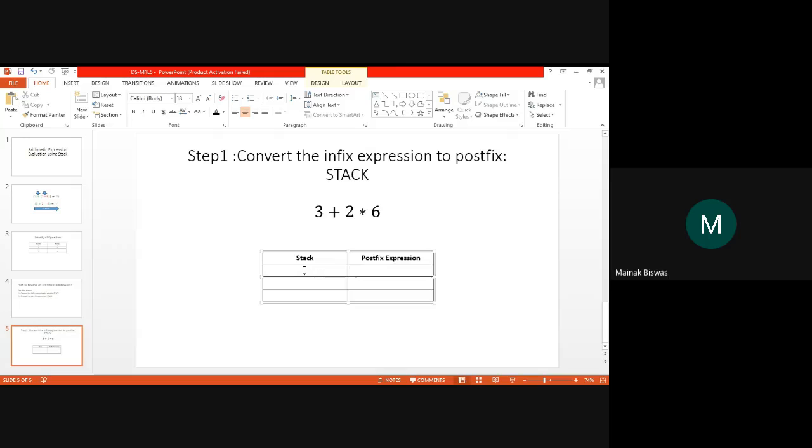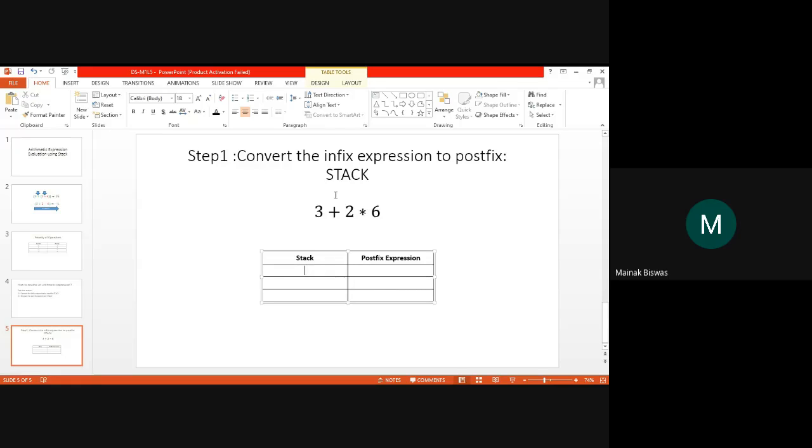The rule says that if you get an operand, you add it to the postfix expression. And when you get an operator, you push it into the stack. If a low priority operation comes and the stack has a high priority or same priority operation, it is popped out and added to the postfix expression.